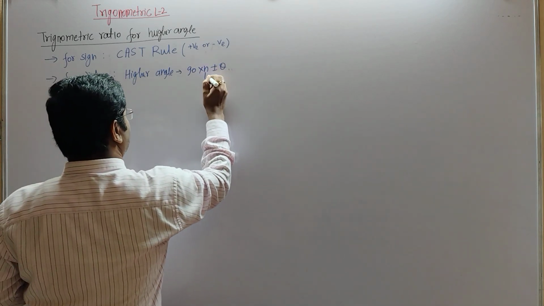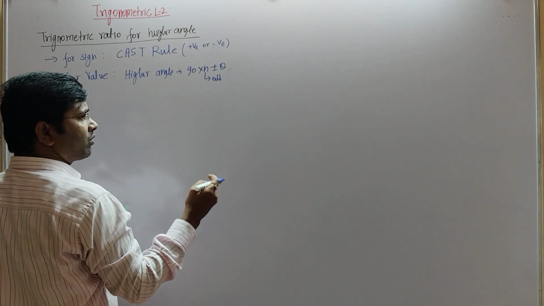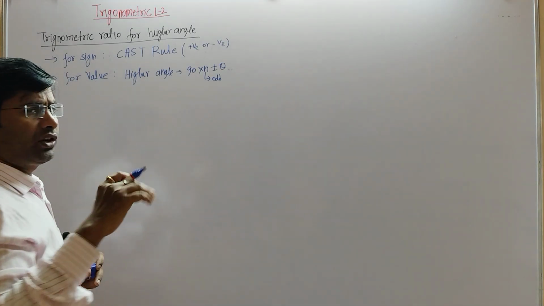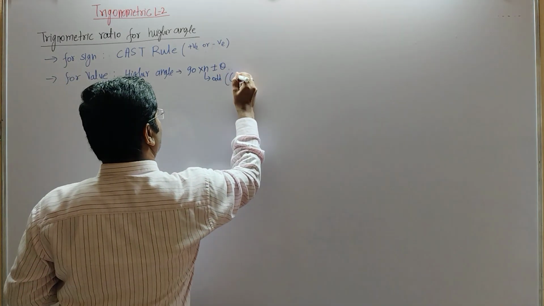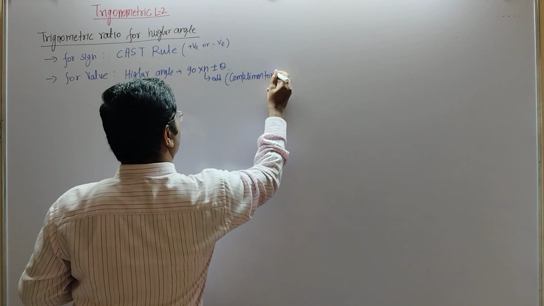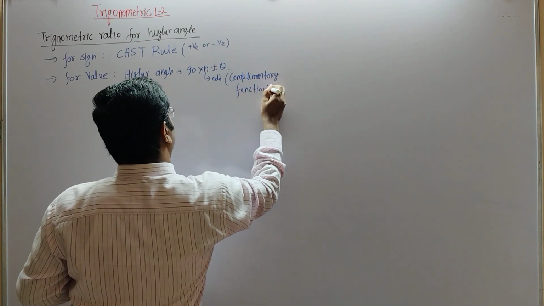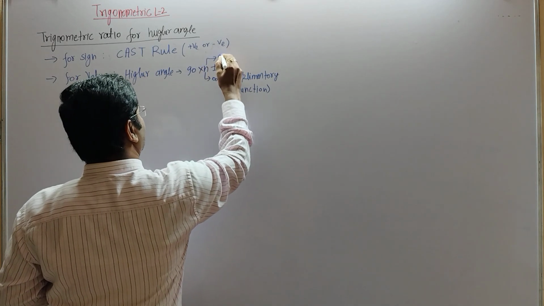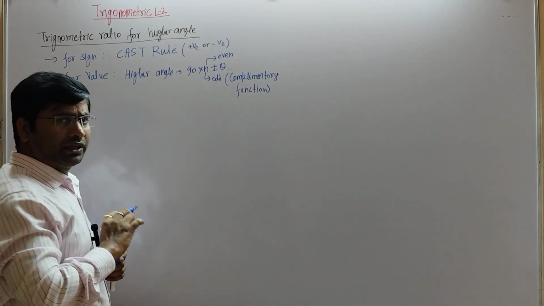If this n is odd, then sine will convert into cos, cos will convert into sine, meaning it will convert into the complementary function. And if n is even, then we will not change anything.